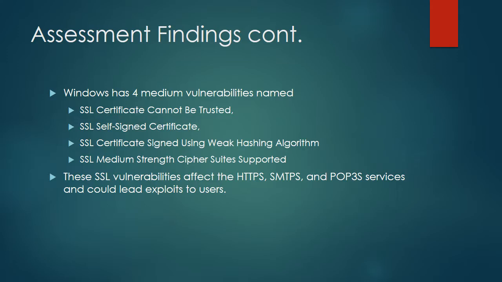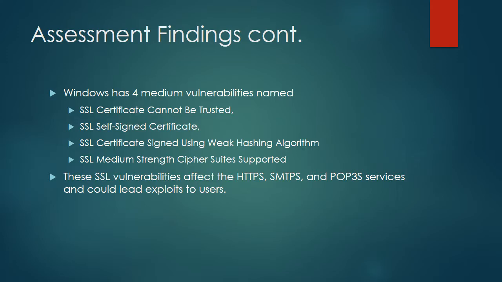Next we have the SSL certificate signed using weak hashing algorithm, and this is an SSL certificate in the certificate chain which has been signed using a weak hash algorithm. And since it's using a weak and outdated hashing algorithm, these can be easily exploited and are vulnerable to collision attacks.